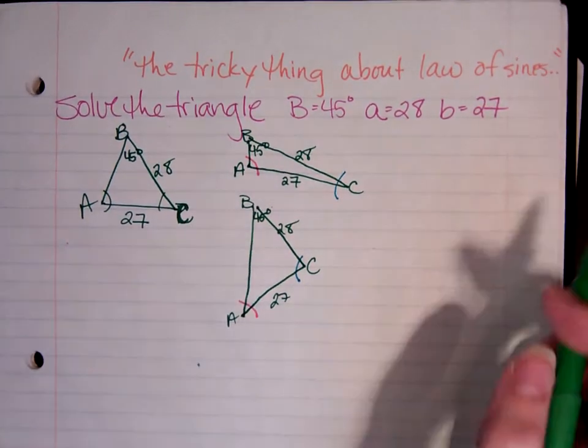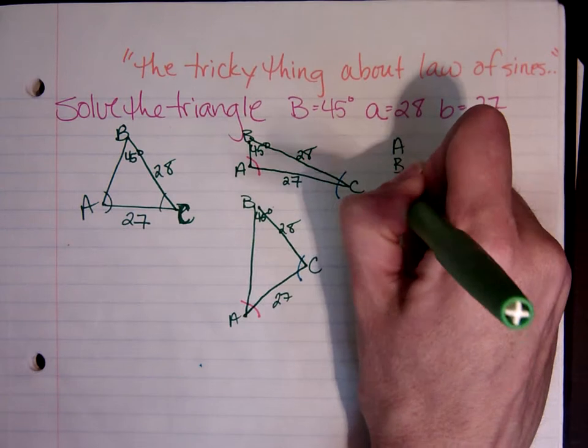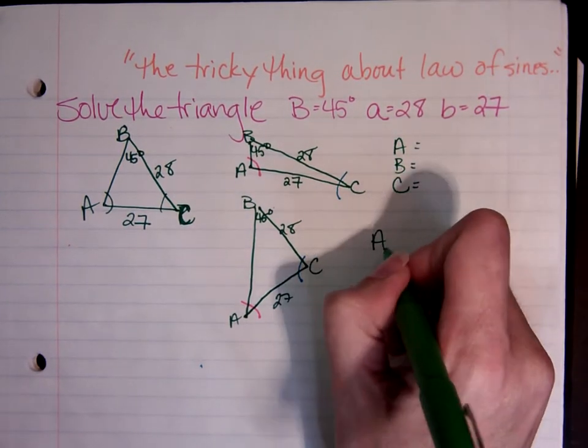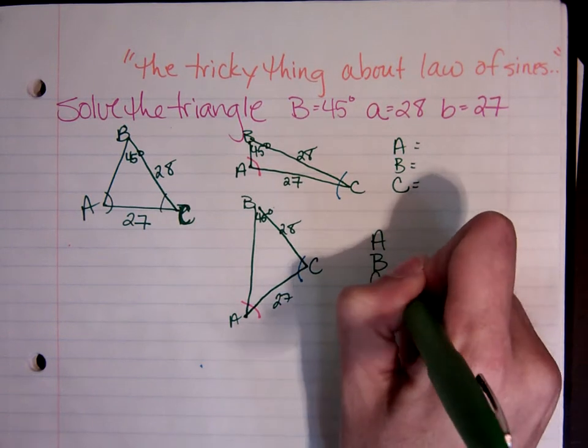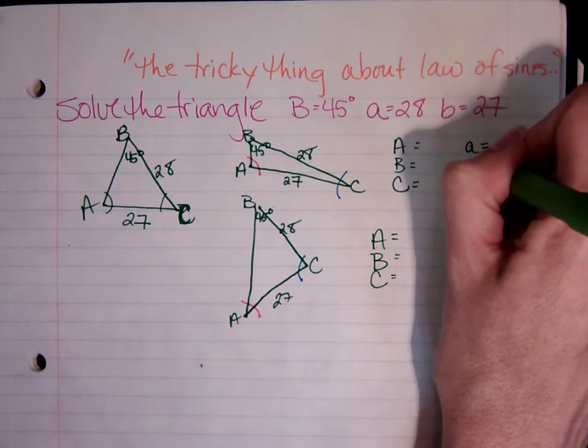So when we set up our solutions, I'm going to have angle A, angle B, angle C for this triangle, and angle A, angle B, angle C for the second possible triangle. Same thing with the sides.